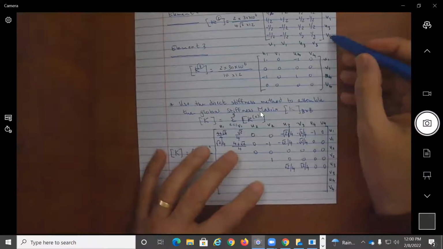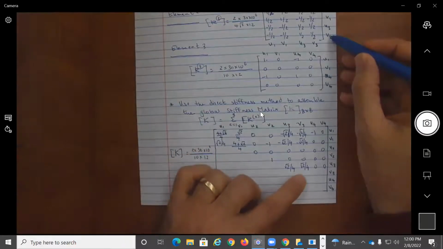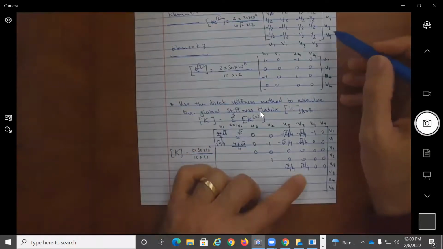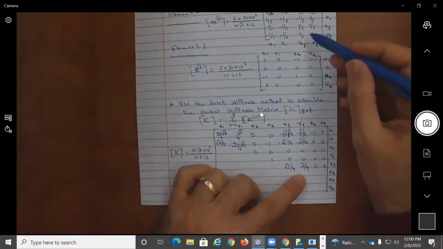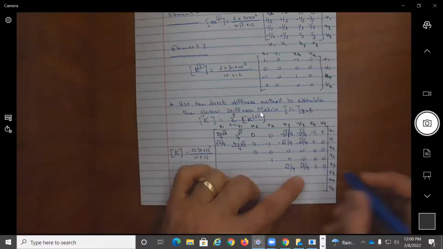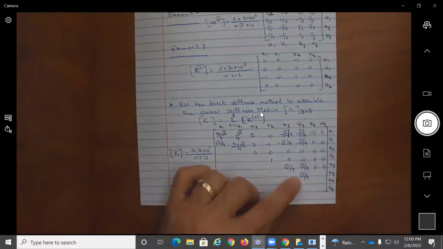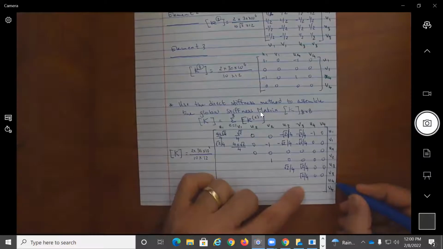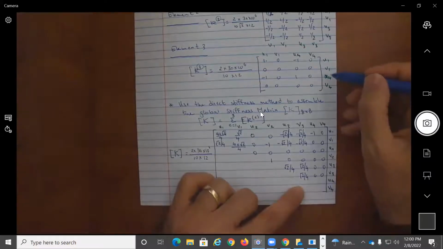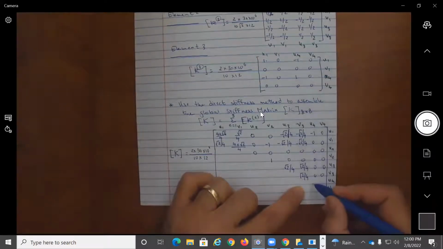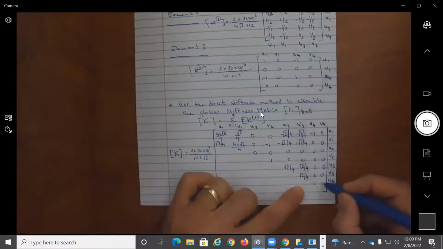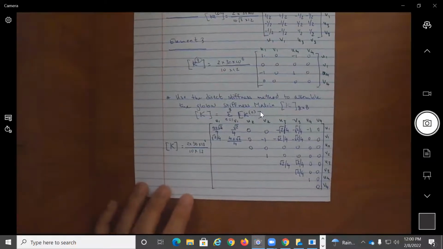Next, I go to V3, and I get a positive square root of 2 divided by 4, and then I have 2 zeros. And then U4, I get a 1. And U4, V4, I get a 0. And V4, I have a 0.